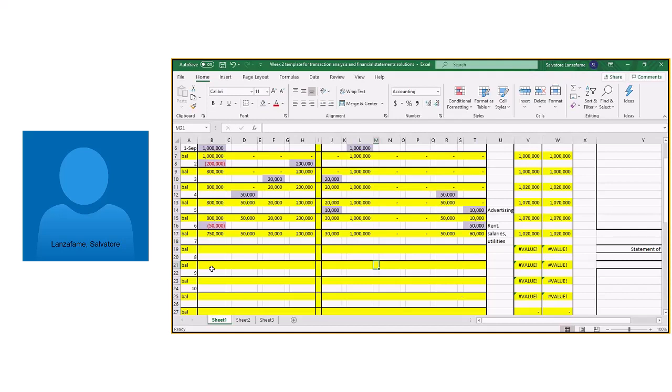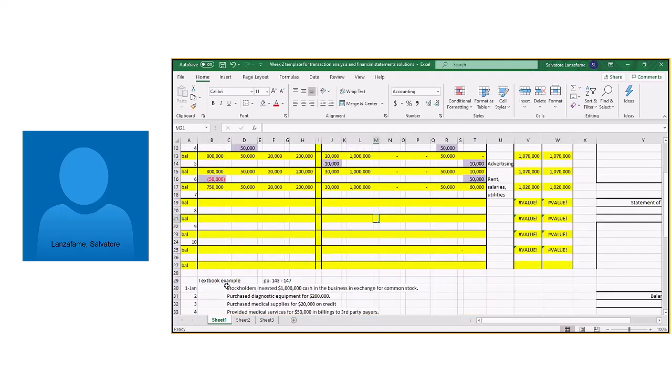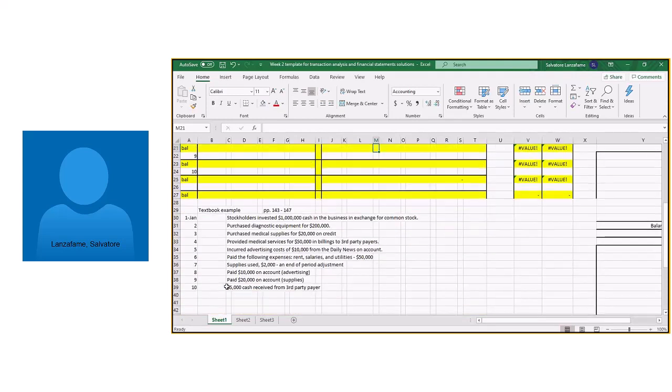All right, the 7th transaction. This one is actually more of what we call an adjusting entry. So again, if you've taken some accounting courses, which I'm assuming you have, or else you wouldn't be in this class, this is considered an adjustment. It says supplies used $2,000.